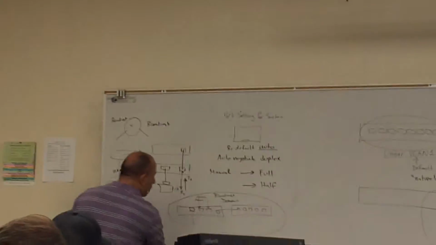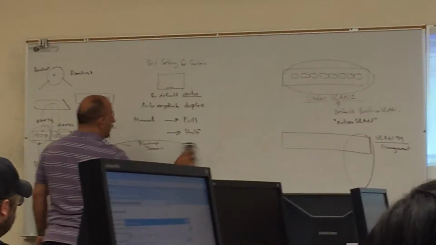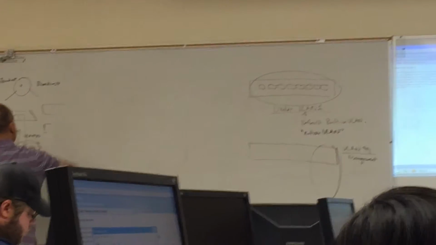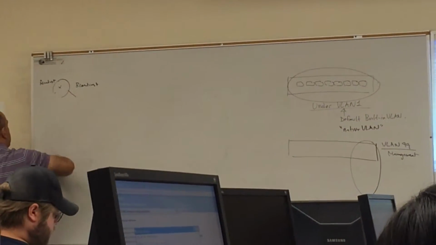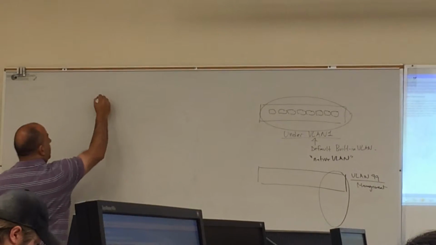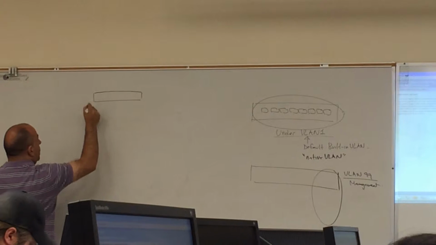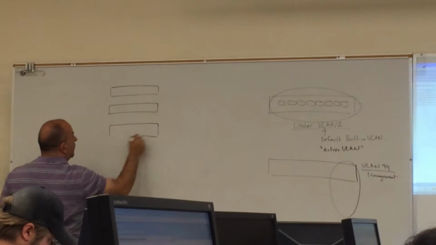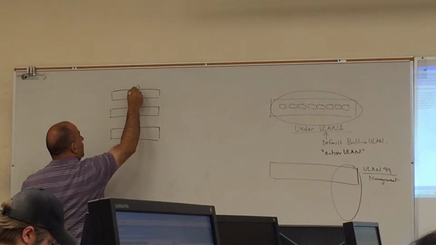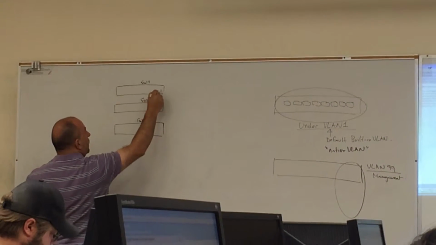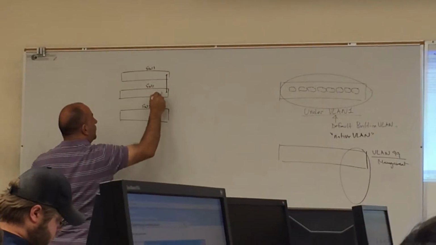So let's say, for example, we have a scenario like this. I have a switch, another switch. So I have 3 switches: switch 1, switch 2, switch 3, and this one connects to this one.